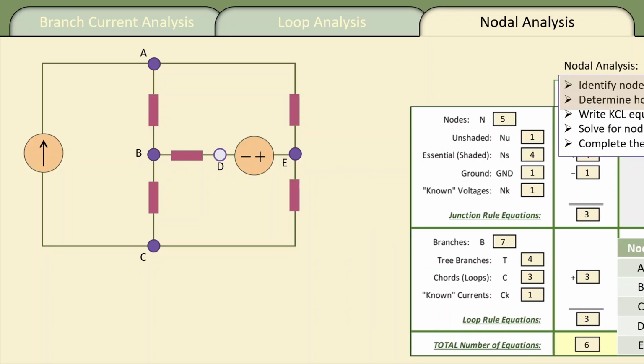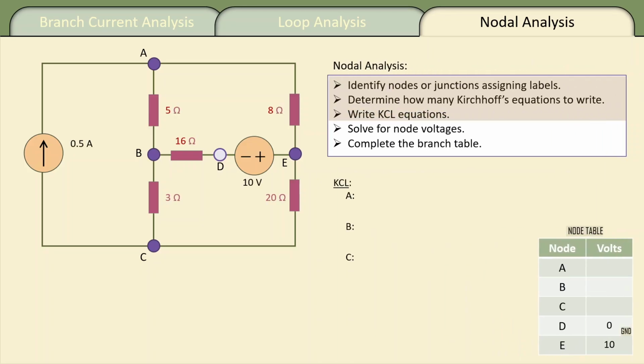There are 3 equations to write, and they are of the KCL variety, and we basically write 1 equation per unknown node. With our choice of D as ground, that makes E 10 volts. So A, B, and C are the 3 that are unknown.